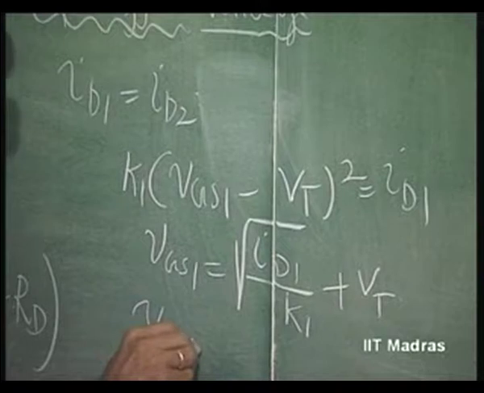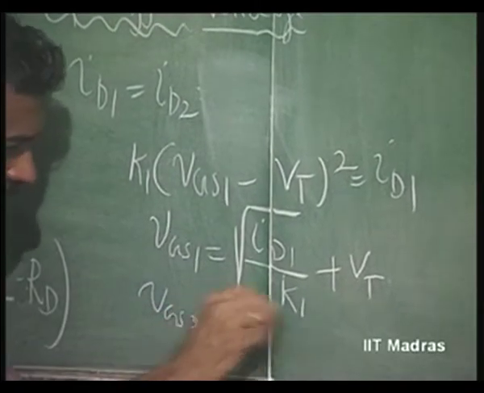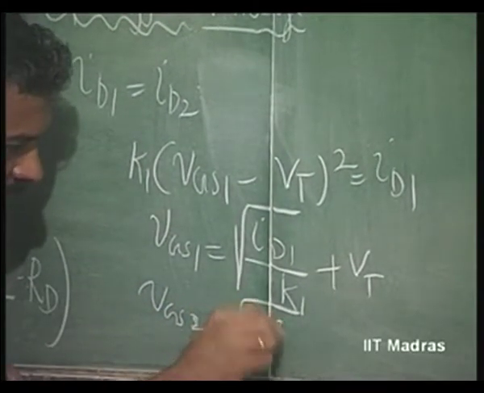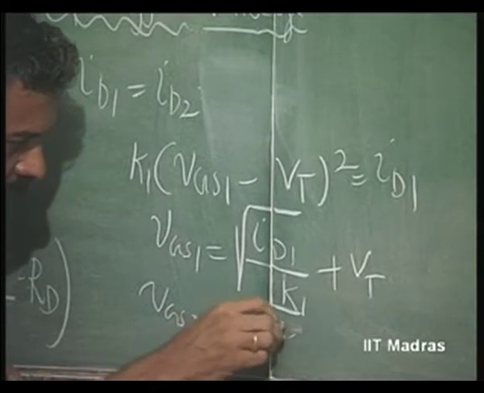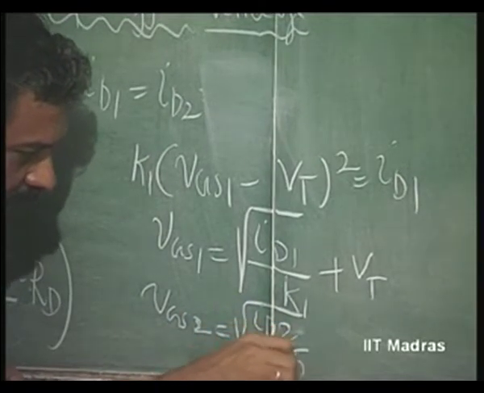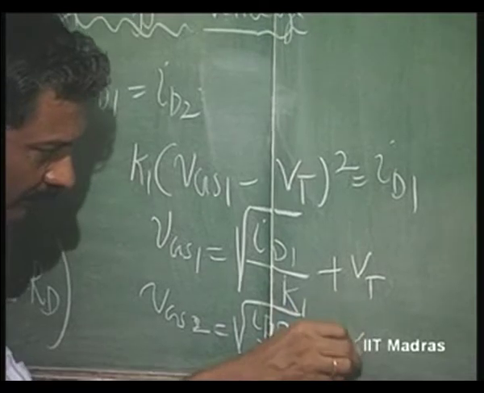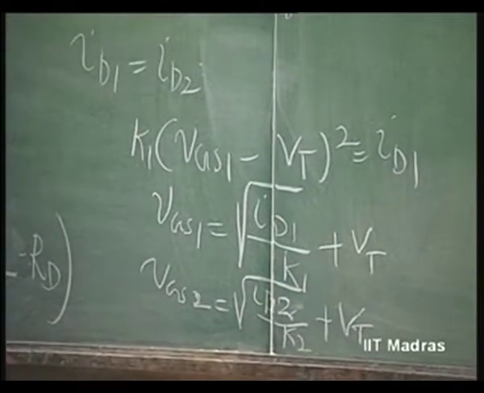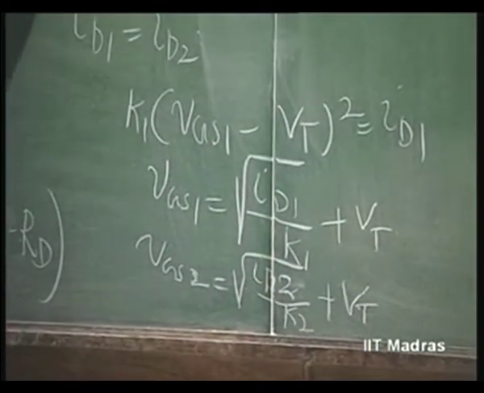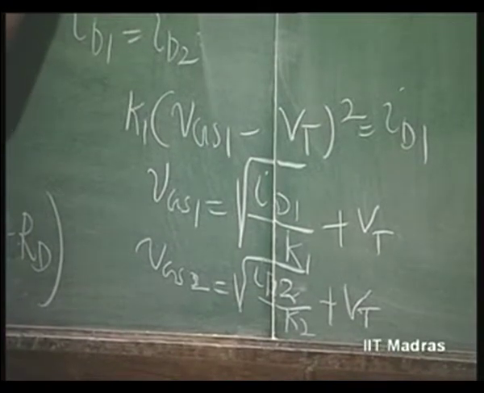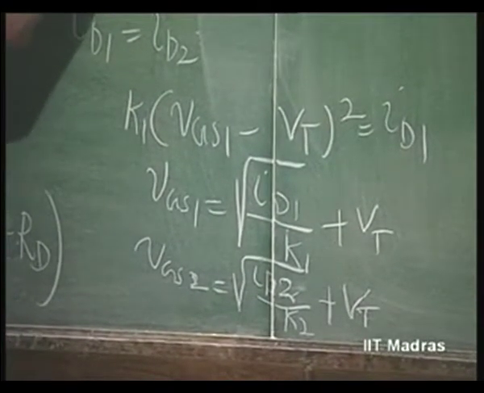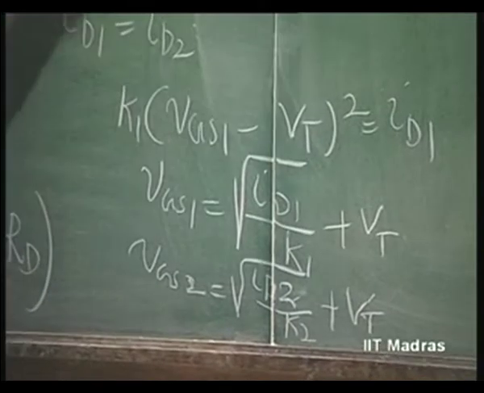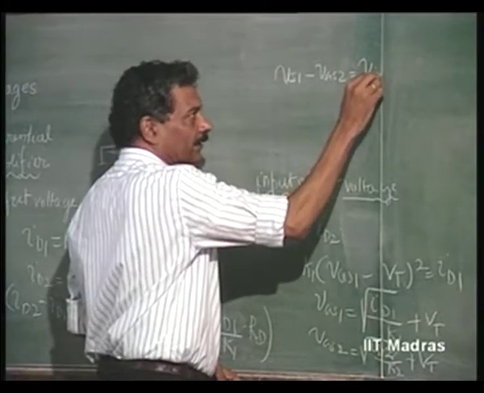VGS2 is equal to root of ID2 by K2 plus VT. So, VGS1 minus VGS2 is the VID, input offset.